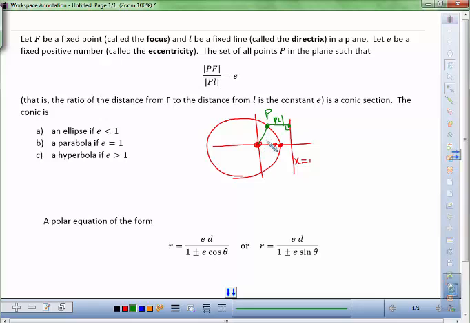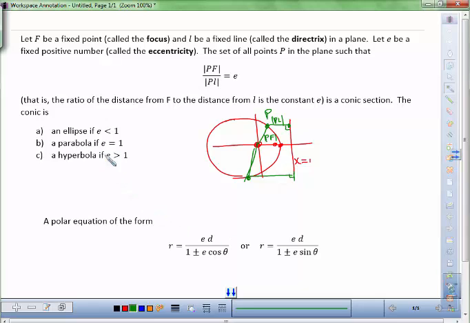And this distance is PF. So that's what PL and PF are. And that's to say that the ratio of those distances is constant all the way around.